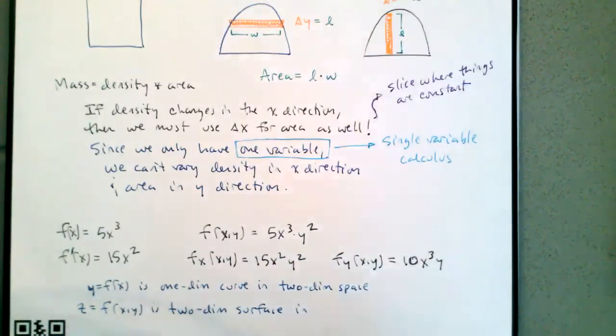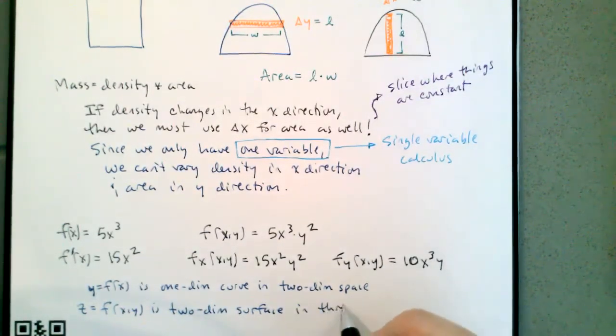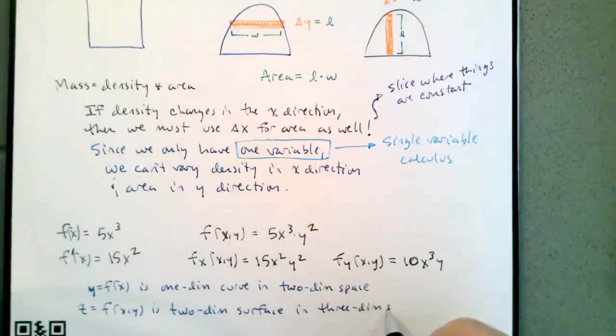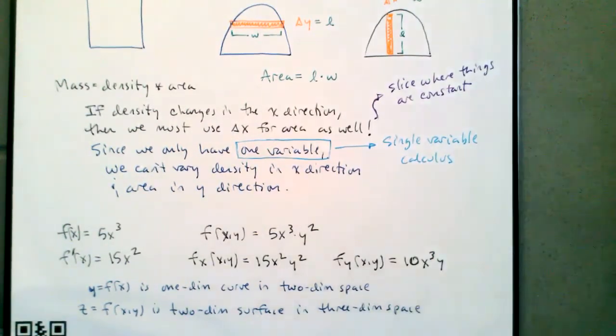And since there are now three variables in play, x, y, and z, it's in three-dimensional space. So if I went w equals a function of x, y, and z, then we'll have a three-dimensional solid in four-dimensional space.